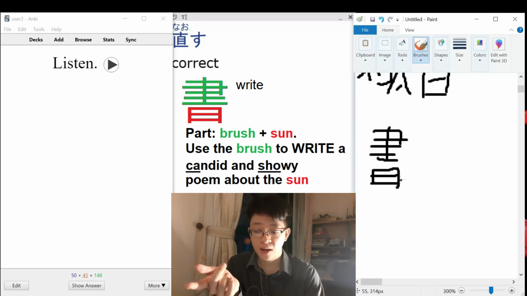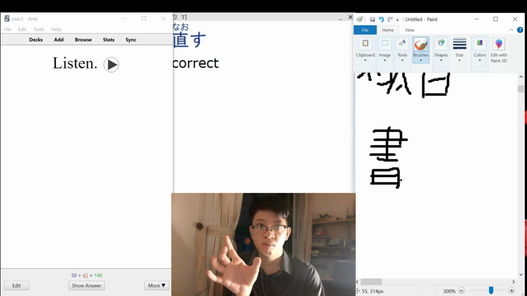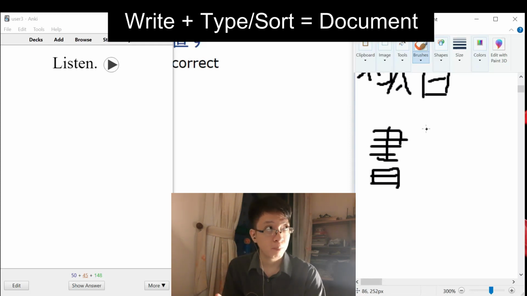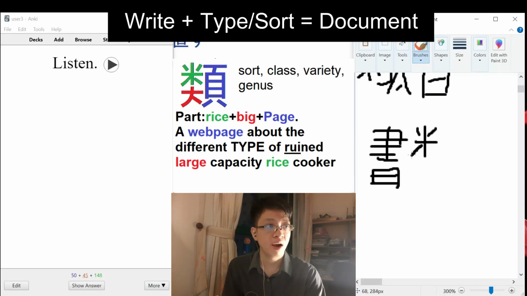And then the second one here means type or sort or class. We have the rice, and then the pattern means big, and then this is a page, right? Yeah, a page. Okay, I think I got it right, definitely.